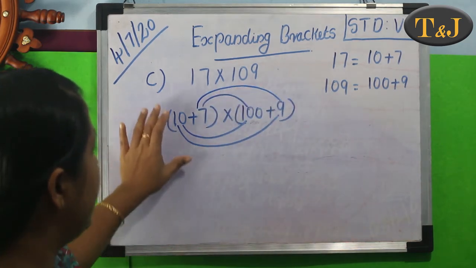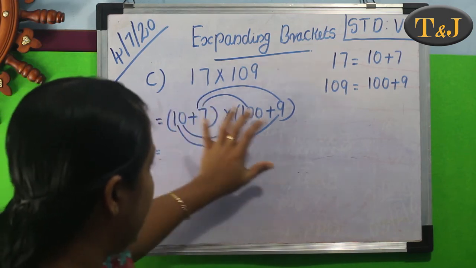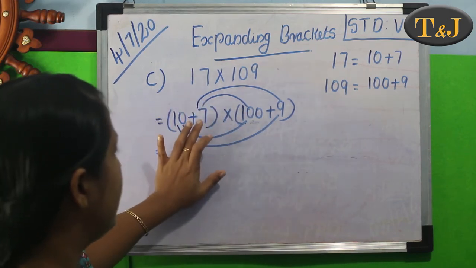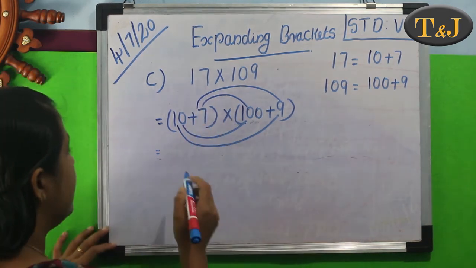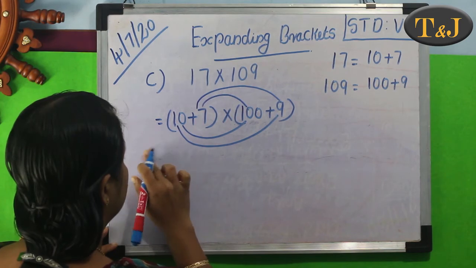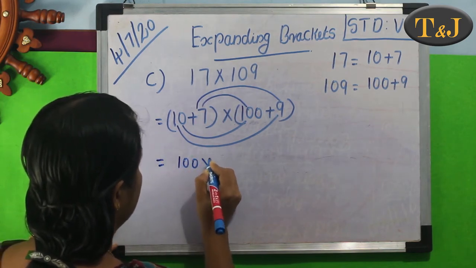Okay, first multiply 10 and 100, then multiply 10 and 9. Third number we multiply 7 and 100, last multiply 7, 9. Okay, then write these numbers. Our first number is 10 multiplied by 100.